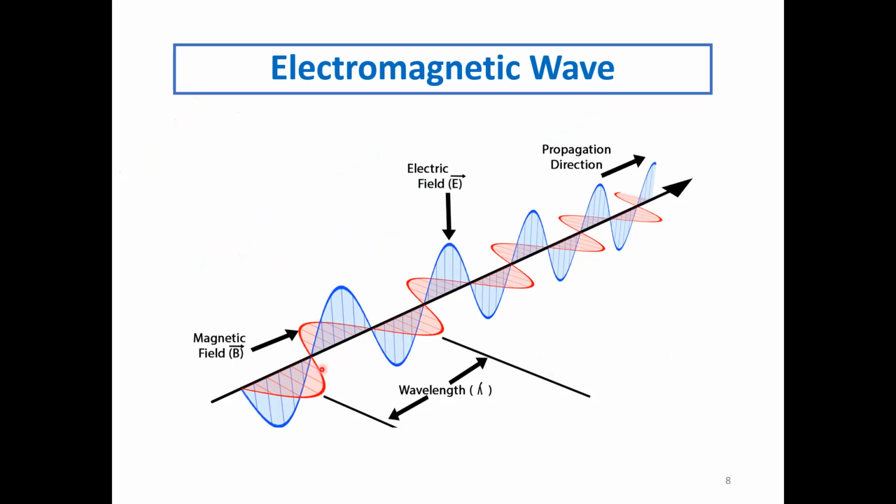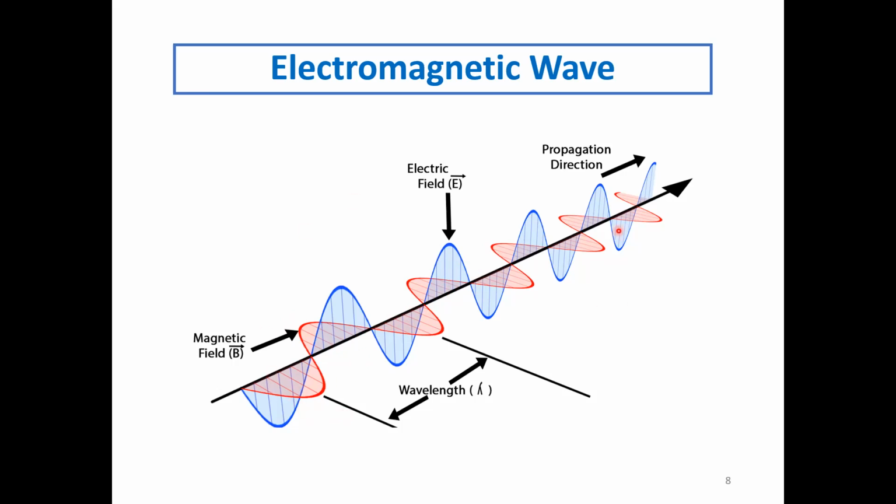So that is your electric field, the blue color, which is vertical, and the magnetic field, which is horizontal. Vertical means it makes 90 degrees to the Earth surface, and horizontal means parallel to the Earth surface. So that is the vertical polarization of the electric field and the horizontal polarization of the magnetic field.